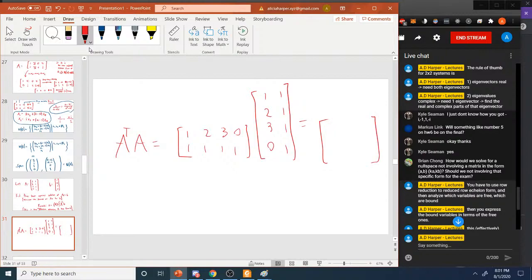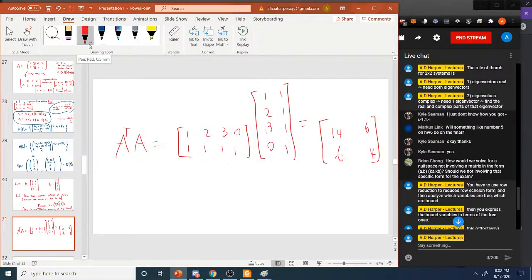If I multiply this column by this row, I get 4. If I multiply this column by this row, I get 6. If I multiply this column by this row, I get 6. If I multiply this column by this row, I get 1 plus 4 plus 9, so I get 14.